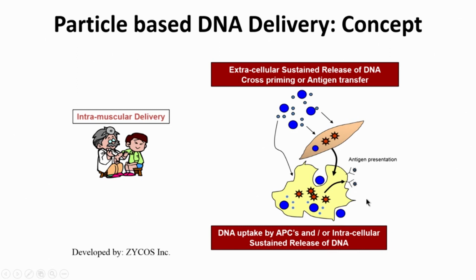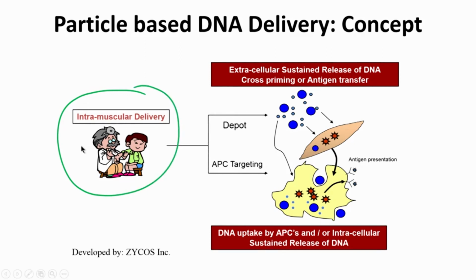So what about using particles for this DNA delivery for vaccines? Again, it is a very similar system to what we had talked about. You are using intramuscular delivery, so you go to the clinic and get that. You can then either form a depot somewhere where the immune system can come in and start taking up these particles or releasing the DNA, or you can directly have it such that they go inside these APCs, antigen presenting cells.